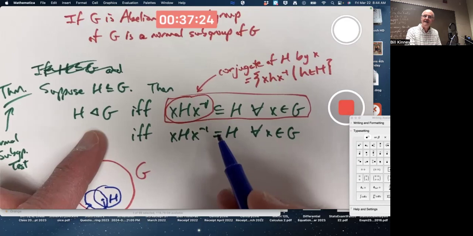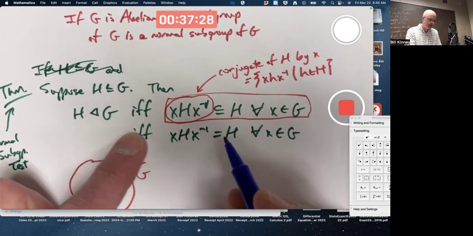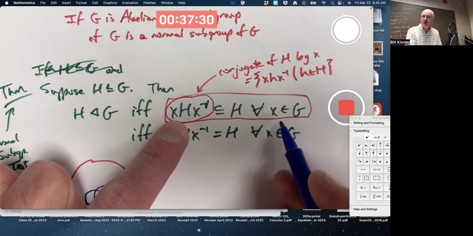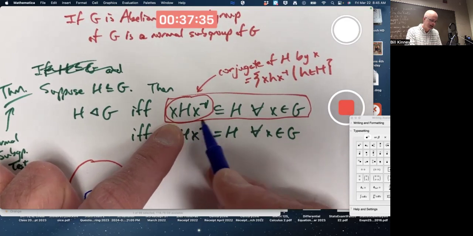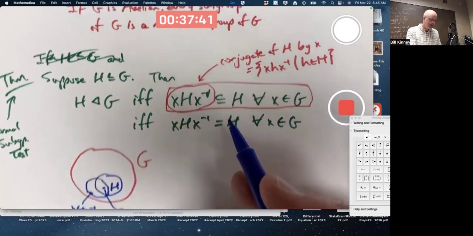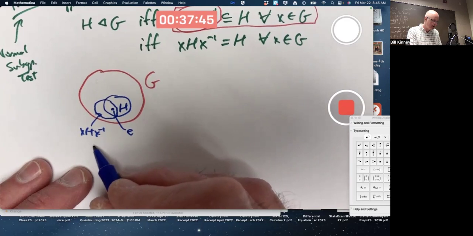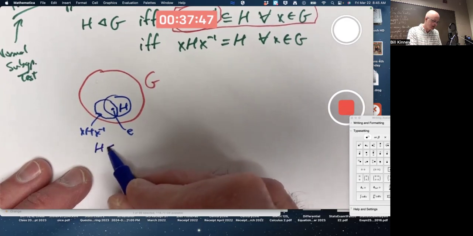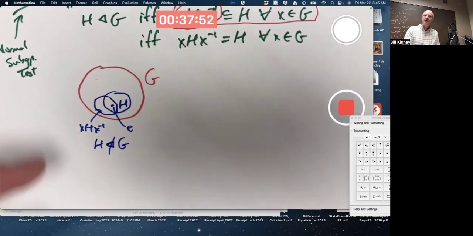You could negate both sides, and that would be a true statement as well. H is not normal in G if and only if this is not true for some x in G. For some x in G, this is not a subset of H. That would be equivalent to H not being normal in G. So if the picture really looked like this, that would be a situation where H is not normal in G. I suppose we could write a triangle with a slash through it if that were the picture.